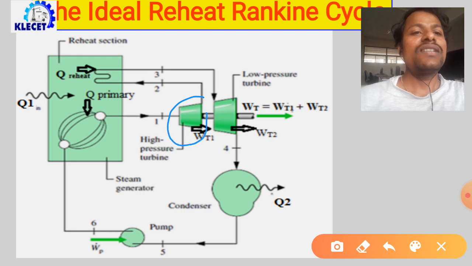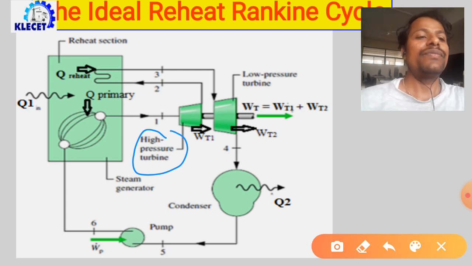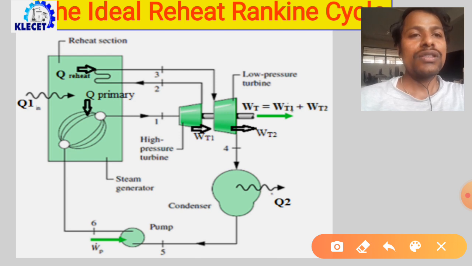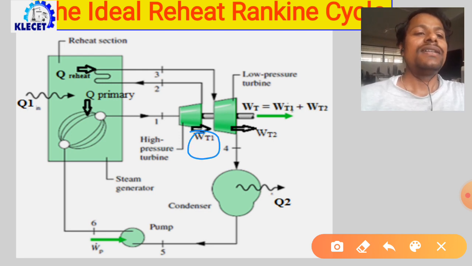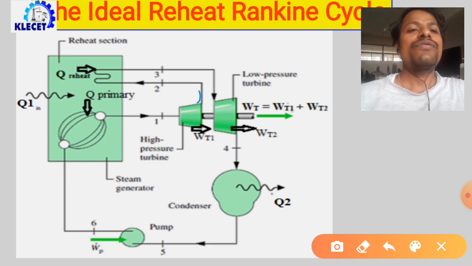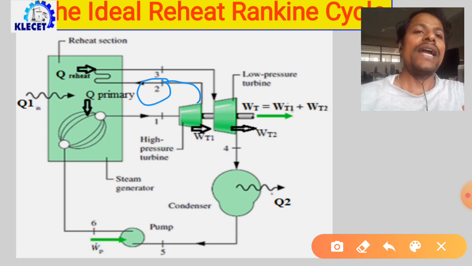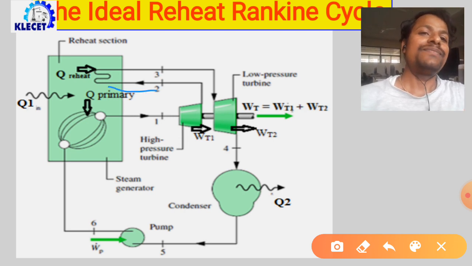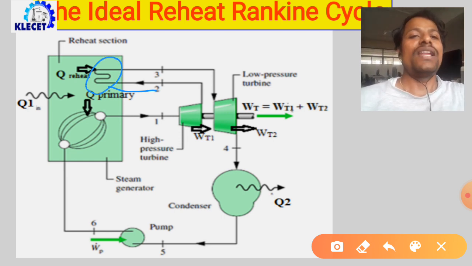The first stage, what we have written here, is the high pressure turbine, means the steam from the boiler first enters the high pressure turbine stages, undergoes expansion, then produces WT1 amount of work, then it comes out of this turbine stage at state 2, then it enters the boiler again. It enters the reheater coils of the boiler.